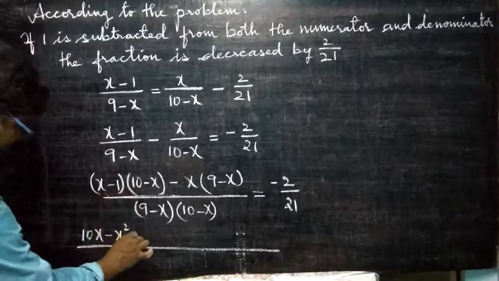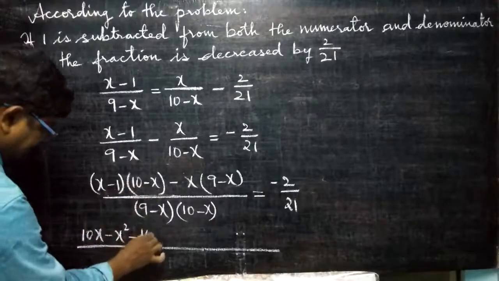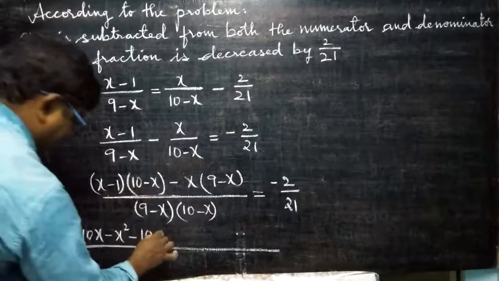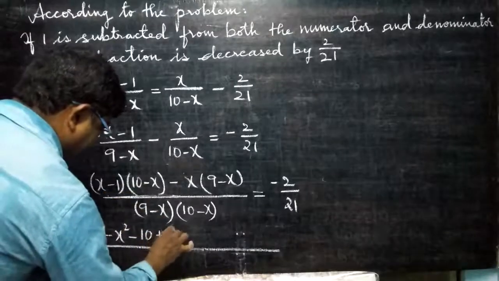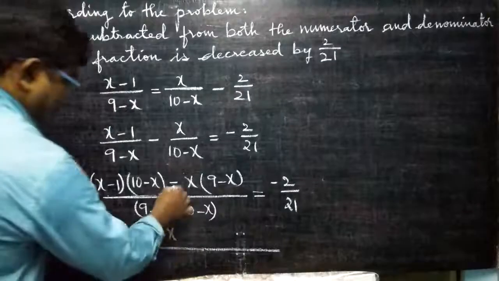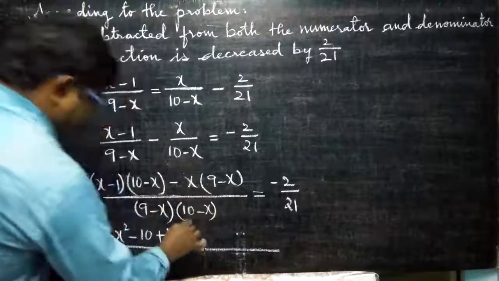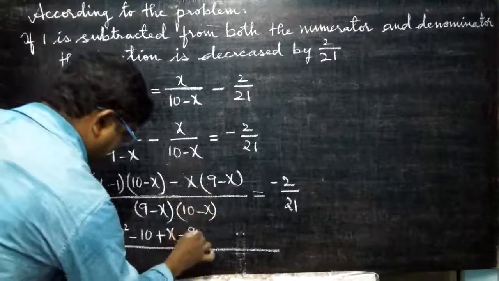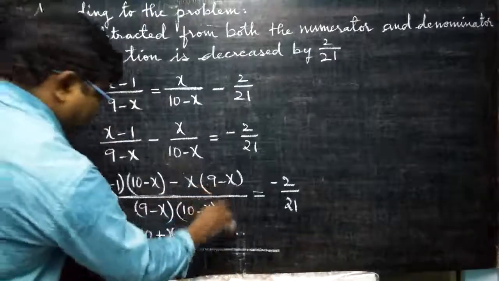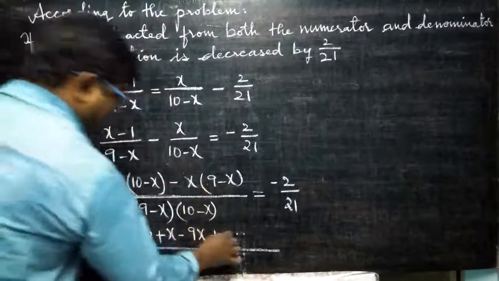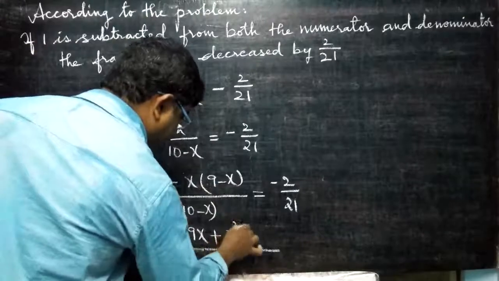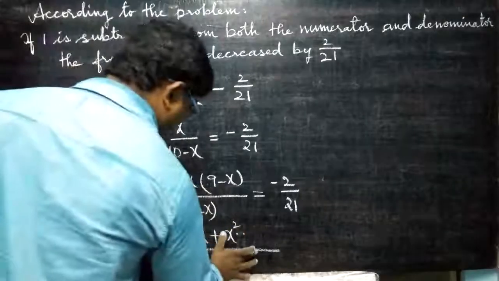Minus into plus is minus, 1 into 10 is 10. Minus into minus is plus, 1x is x. Minus into plus is minus, x into 9 is 9x. Minus into minus is plus x square. Are you able to follow?